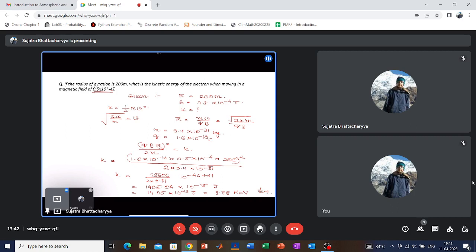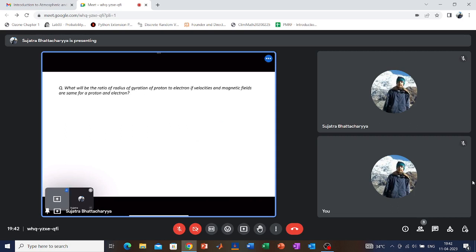So this is the second question which we have seen. Third is, what will be the ratio of the radius of gyration of proton to electron if the velocities and the magnetic fields are same for a proton and an electron? So you have the same magnetic field.